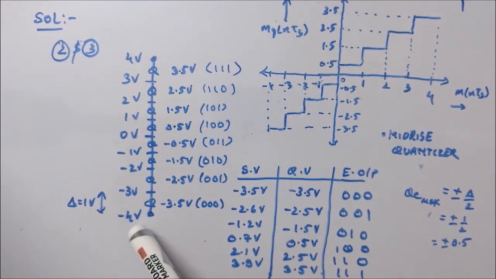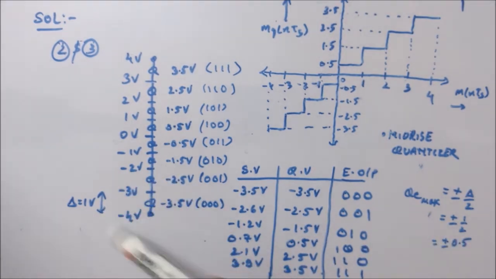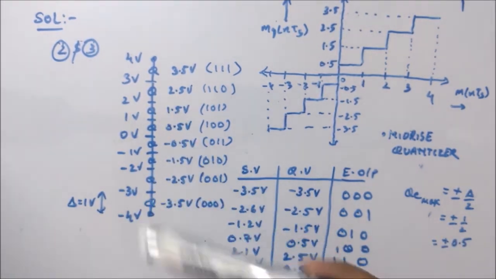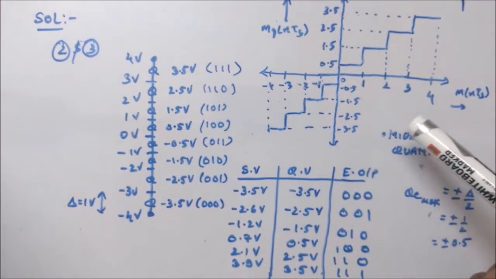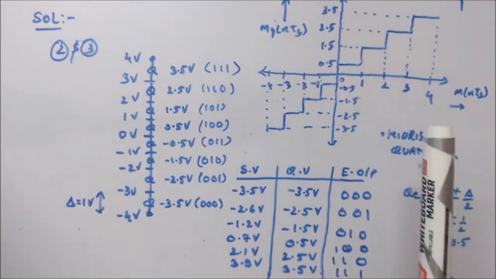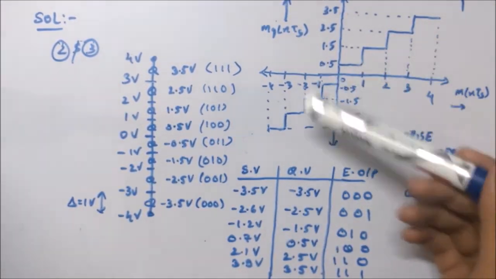Similarly, if your sampled value is minus 4 volt, the quantized value comes out to be minus 3.5 volt and the difference is minus 0.5. So it matches our question. The quantization error maximum you can calculate. So you can see how the quantization process comes out to be mid-rise here.